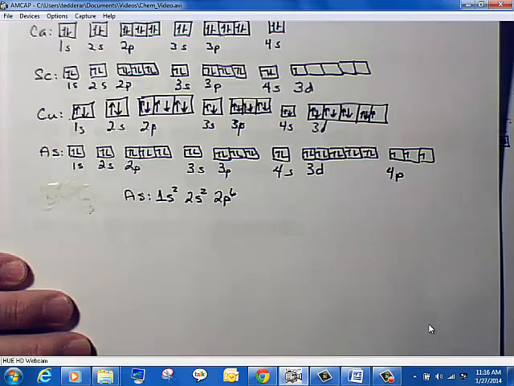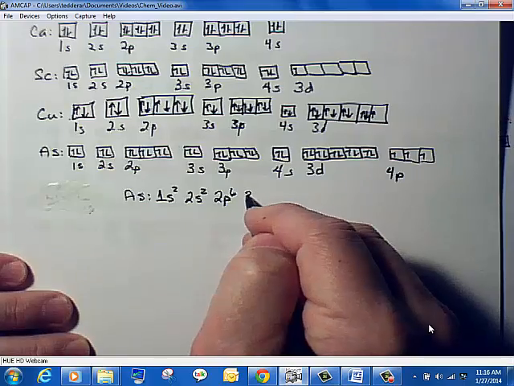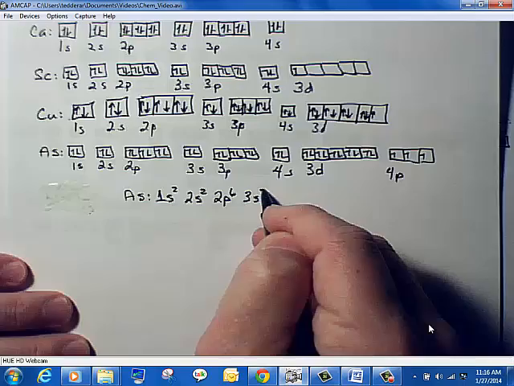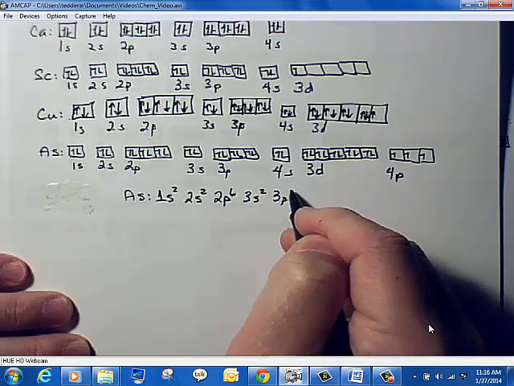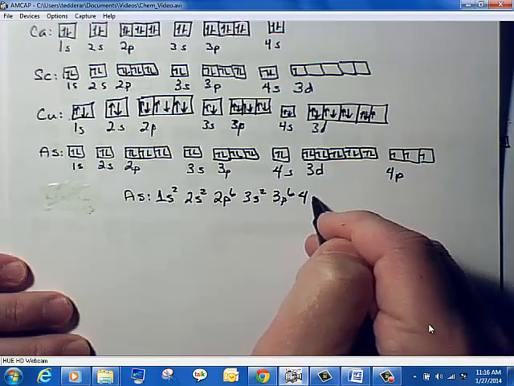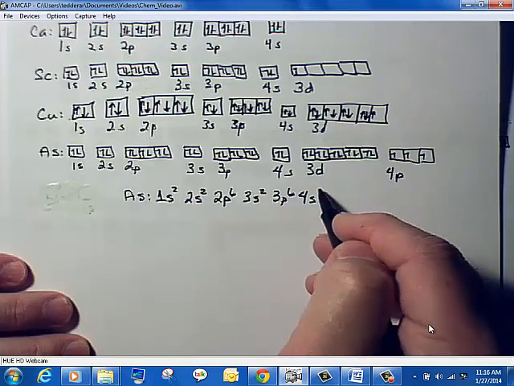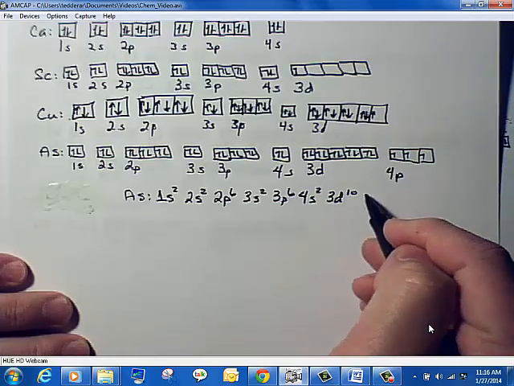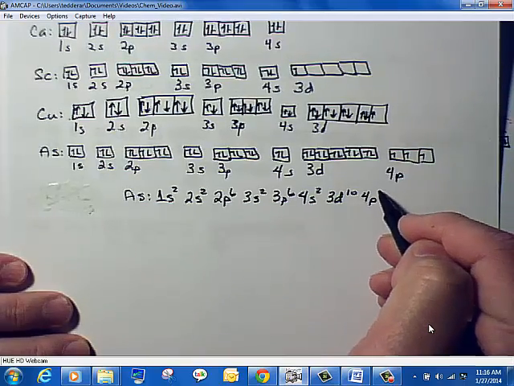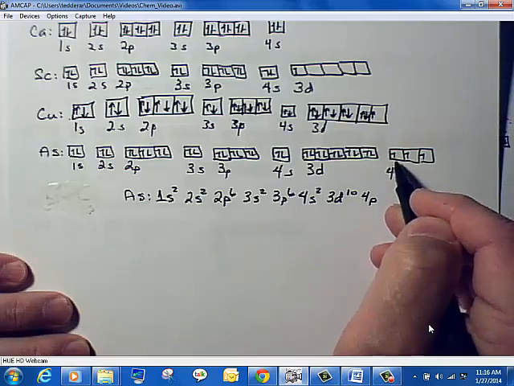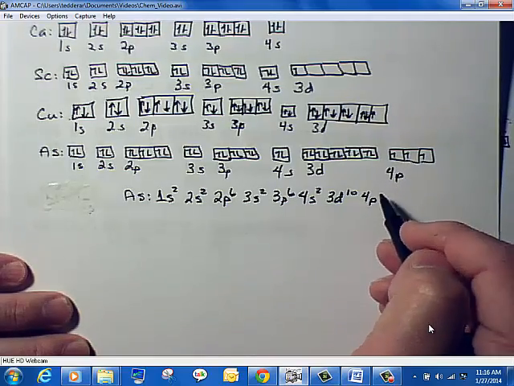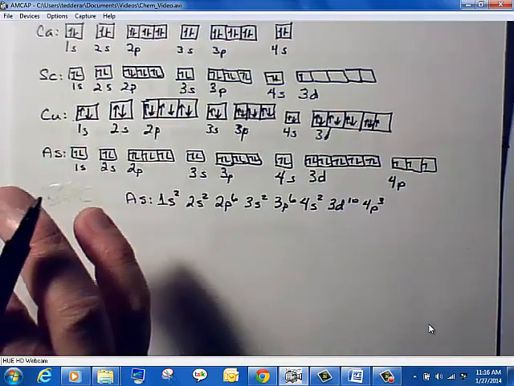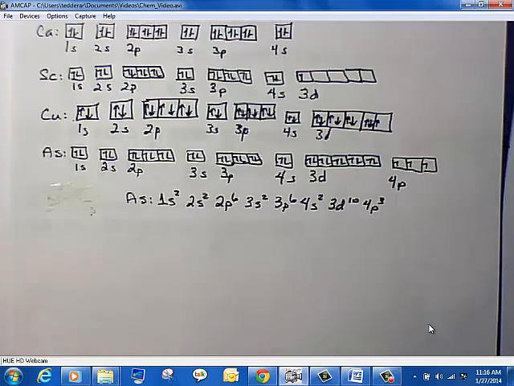And just keep going. 3S, what is it supposed to be? 2. 3p6. 4s2. Then 3d10. And 4P: 1, 2, 3 electrons. 3. Okay? And that's the full electron configuration for arsenic.